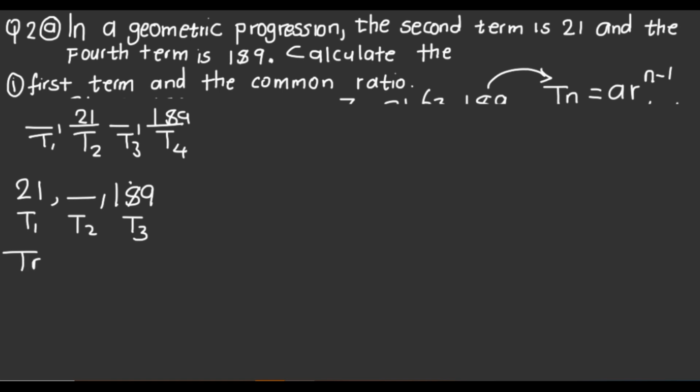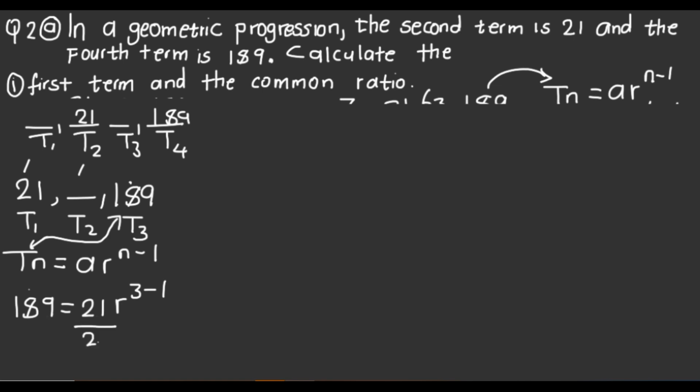So we use Tn is equal to A R^(n-1). Where there is Tn, you substitute with the last number, which is 189. A is the first number, which is 21. Then here we have R raised to the power. How many terms do we have? 1, 2, 3. So 3 minus 1. So we divide by 21, also here by 21.